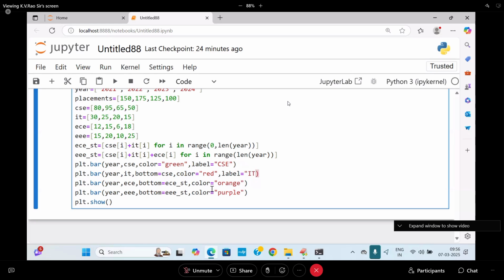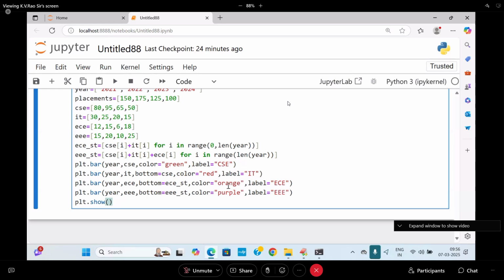IT. Next I'm going to write label is equal to EC. Next, label is equal to what? Come on, triple E. So there I'm writing plt.show.